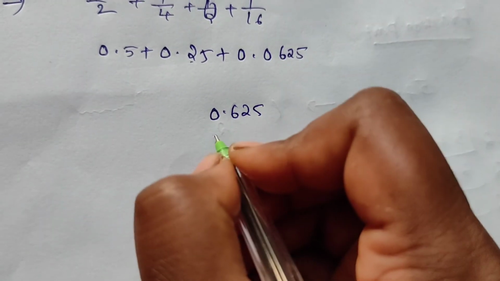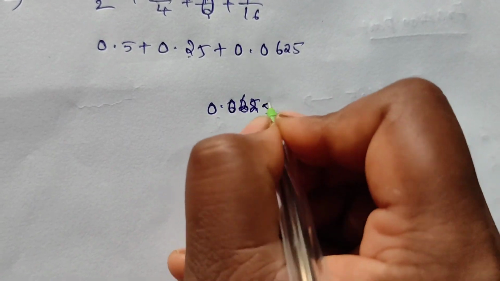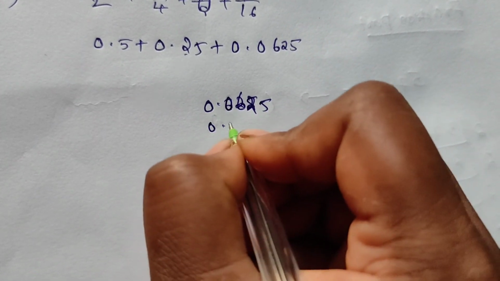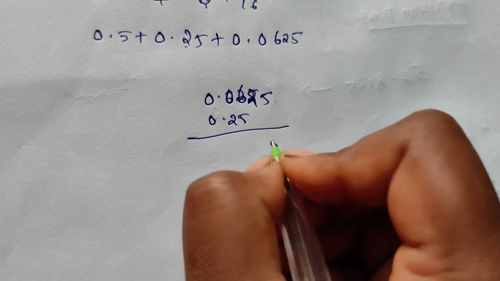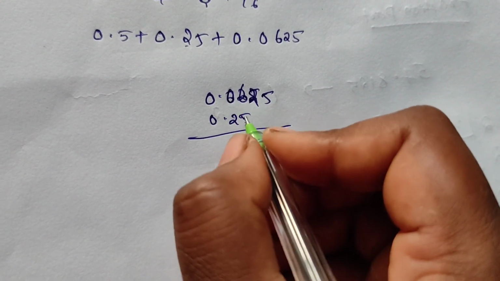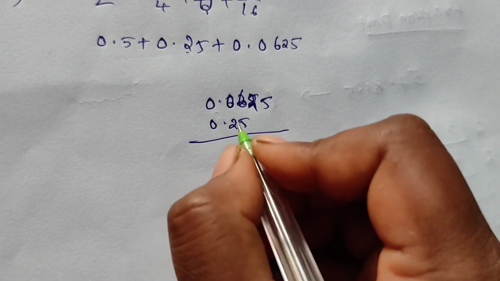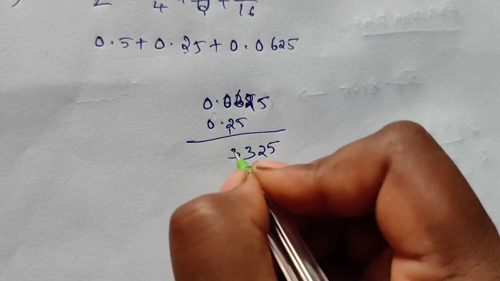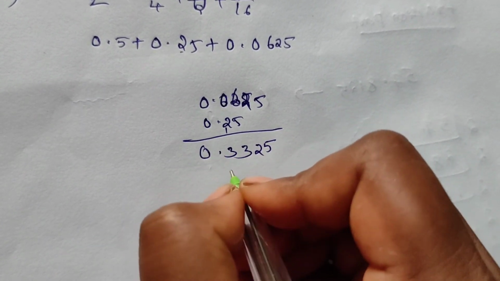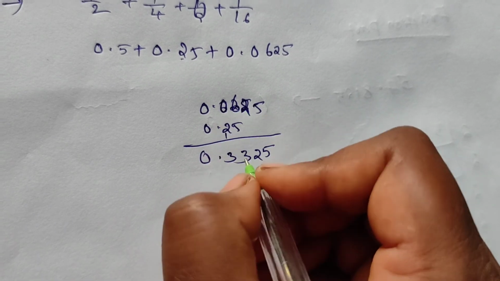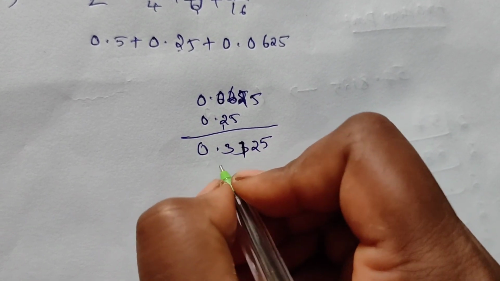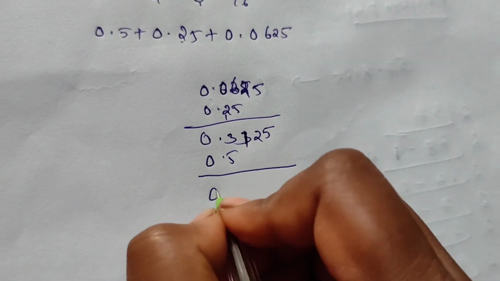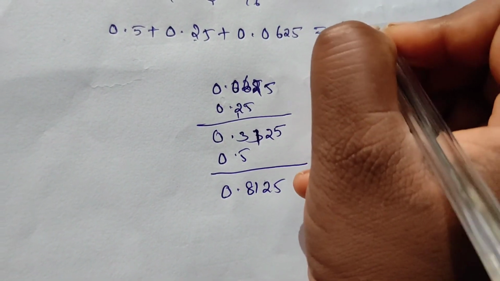So add all this. I am doing it separately. 0.0625 plus 0.25 you will get 0.3125, plus 0.5, so 0.8125. So this is correct.